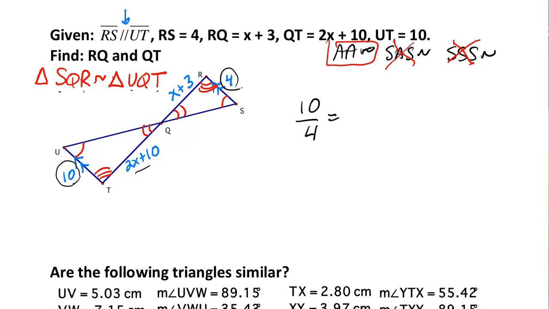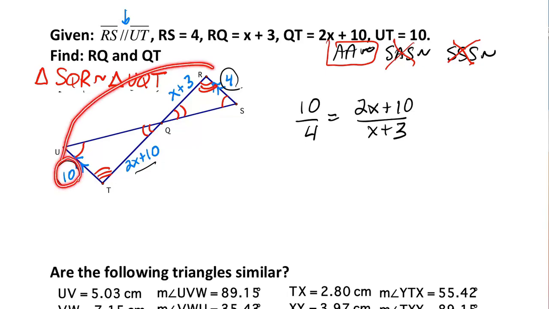That would equal 2x plus 10 over x plus 3. Notice I started with the 10 and went to the 4. So I put the 10 in the numerator. I have to be consistent and put the 2x plus 10 in the numerator, with x plus 3 in the denominator.